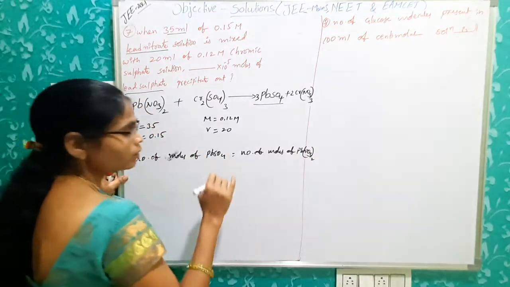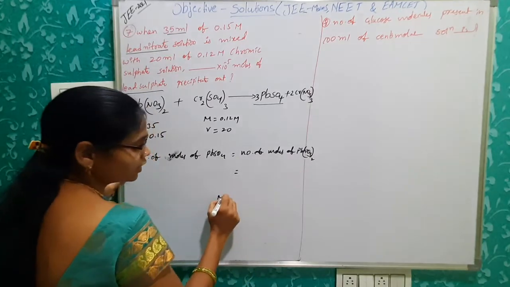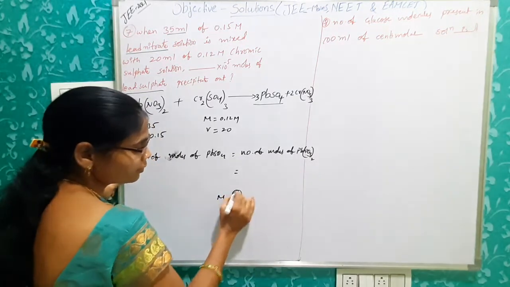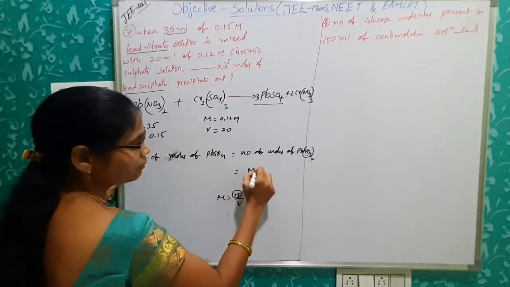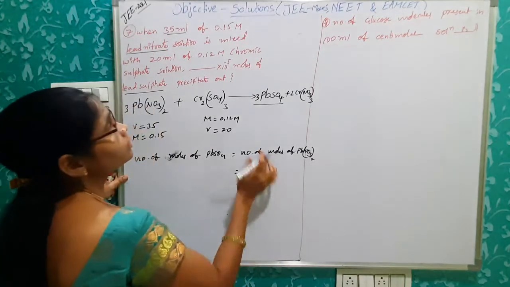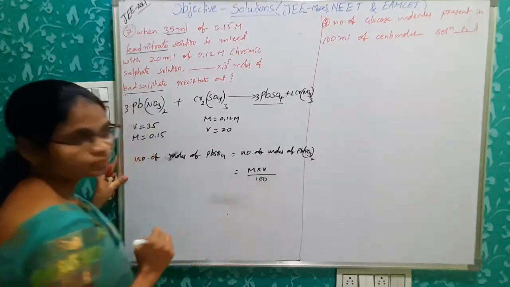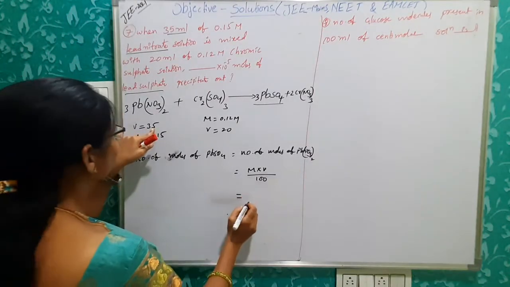Now number of moles, see here, molarity is nothing but n by V, no? Number of moles means M into V. So number of moles is M into V in milliliters, that's why you take 1000.